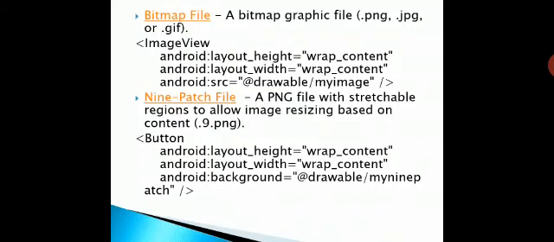When you want to draw an image, you can use this type of drawable, that is, a bitmap file. I have given an example in which the drawable is applied onto an image view. You can see that the height is given as wrap content.